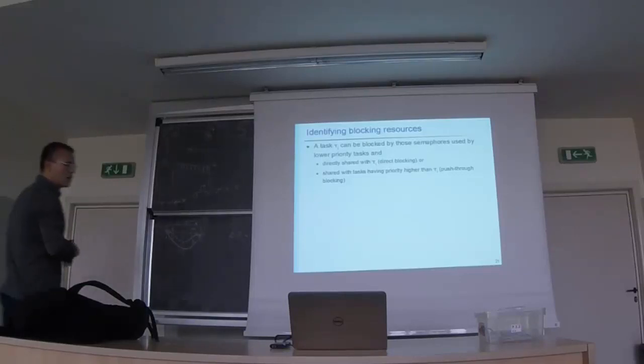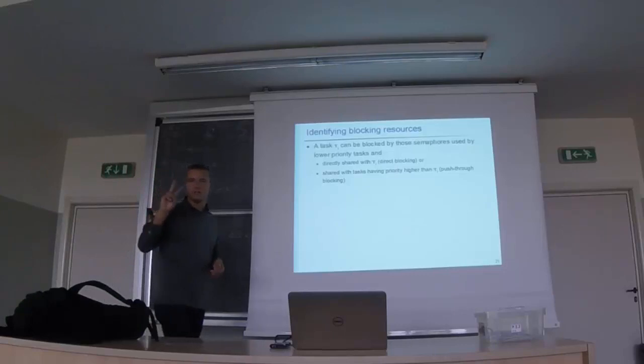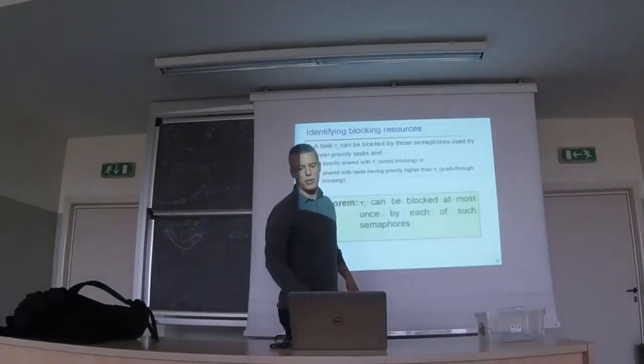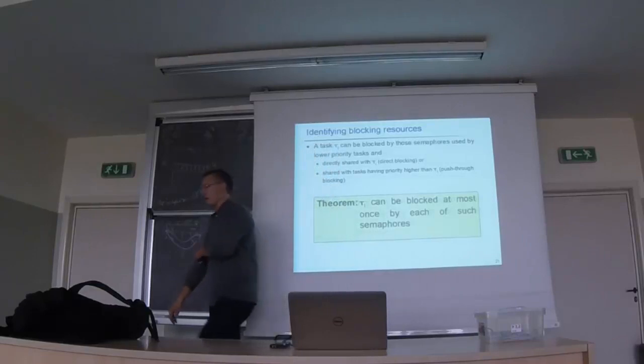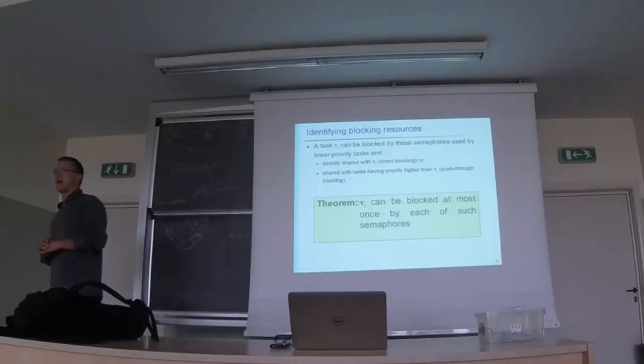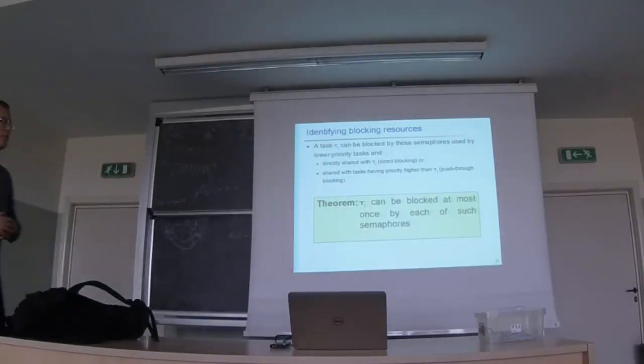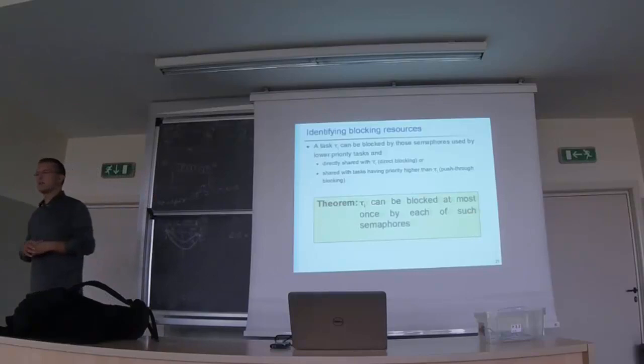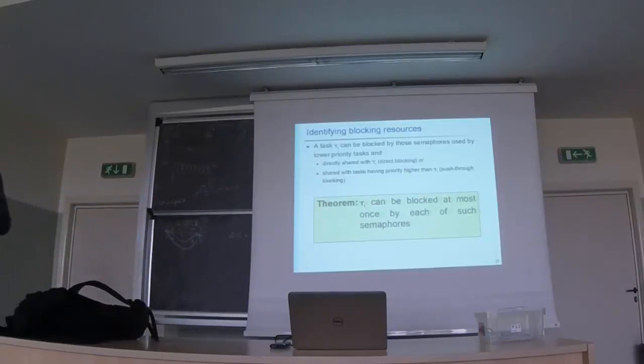It is important to account for both of these blocking components when we do our schedulability analysis. It is important to take into account all these components. And it is simple to see that the task can potentially be blocked only once, at most once, for each semaphore.